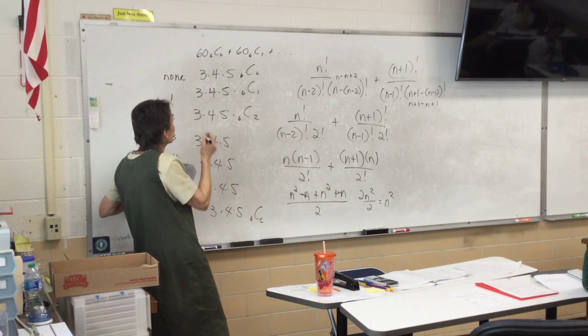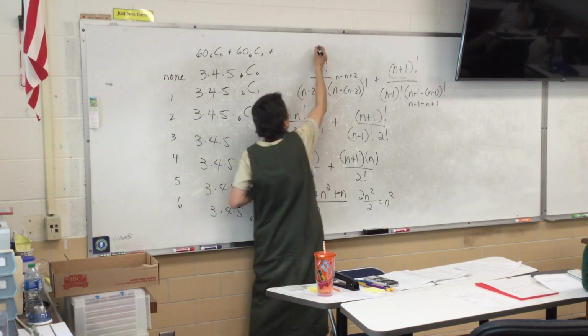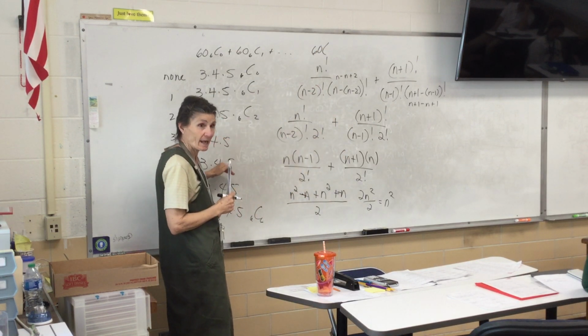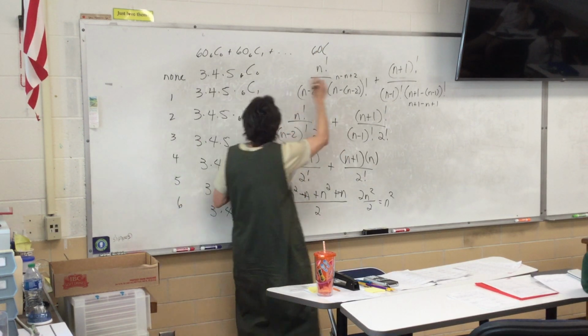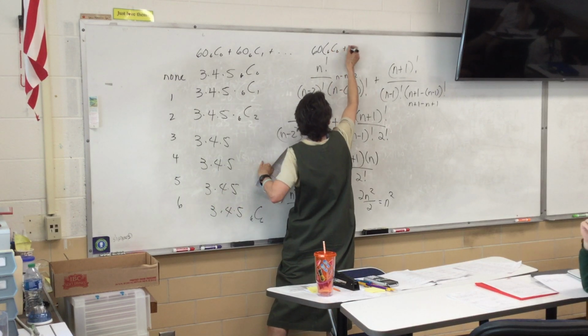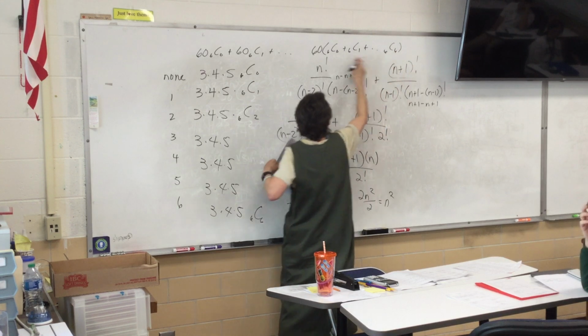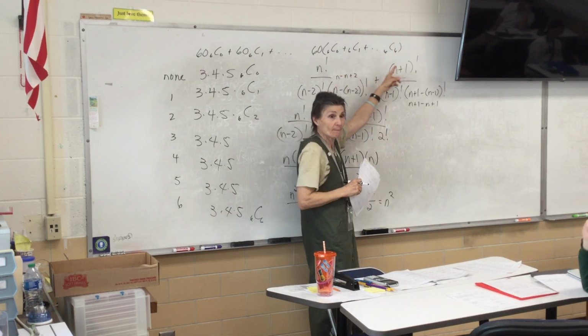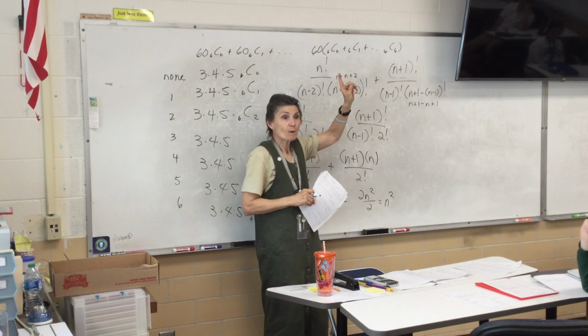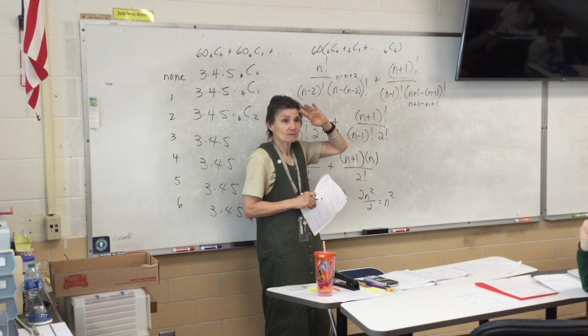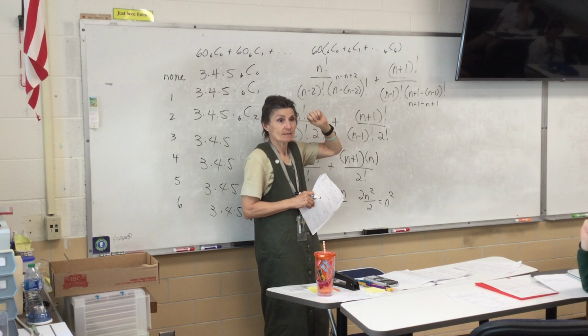So if we factor out the 3 times 4 times 5, because all these terms I'm adding up are going to have it, I would have 6C0 plus 6C1 all the way up to 6C6. And we made an observation about the combination numbers. If you add up all of the 6C numbers, what does it come out to be? 2 to the 6th.